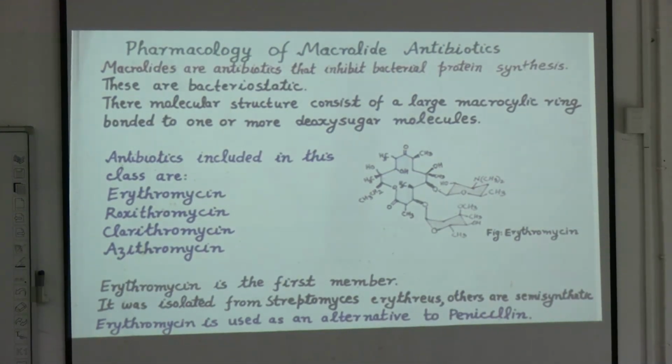All other antibiotics in this group after erythromycin are semi-synthetic. They are synthesized from erythromycin, not directly isolated from any bacteria, but erythromycin is fully natural, directly isolated from bacteria. The others are semi-synthetic, synthesized from erythromycin with the help of other substances.